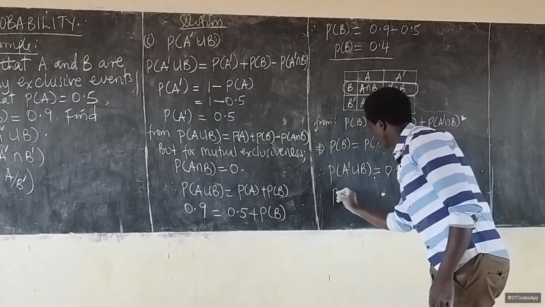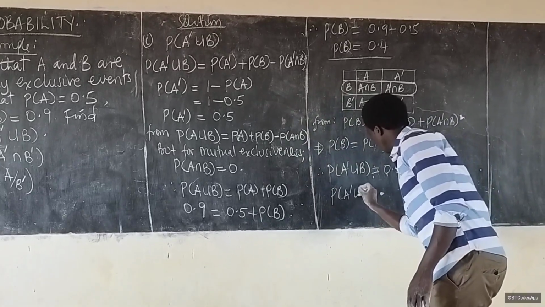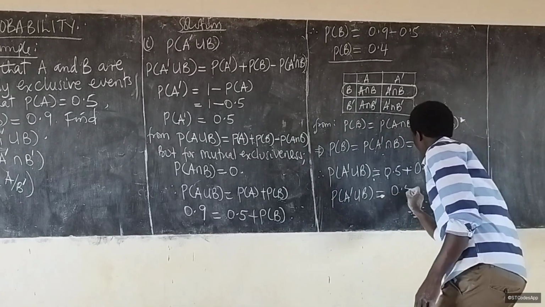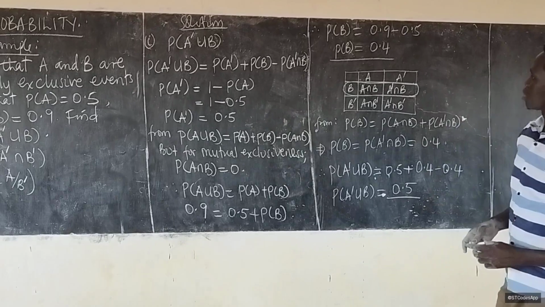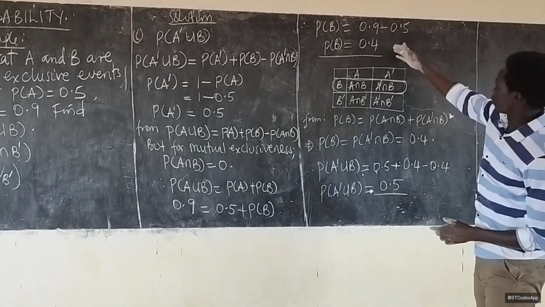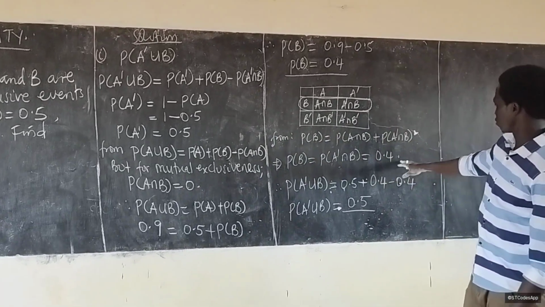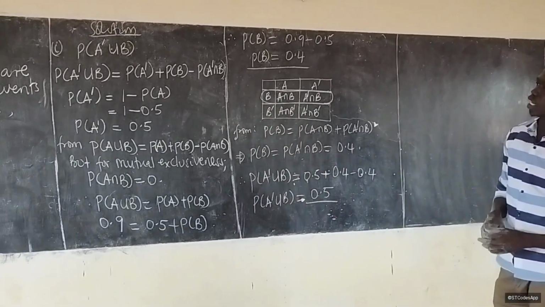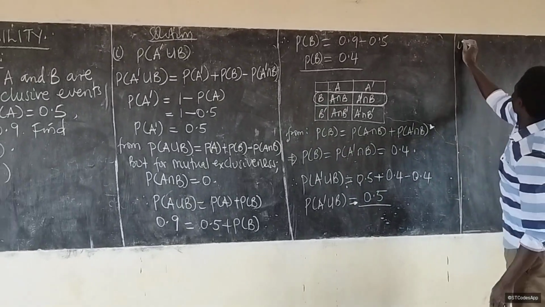So probability of A complement union B becomes 0.5. Yes, probability of B 0.4, probability of A complement intersecting B is also 0.4, and the answer finally is 0.5.